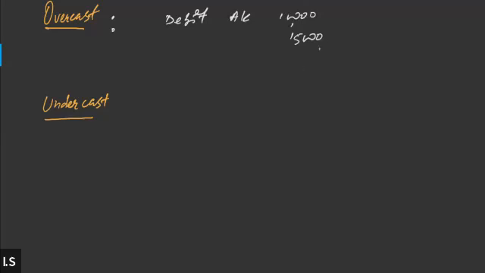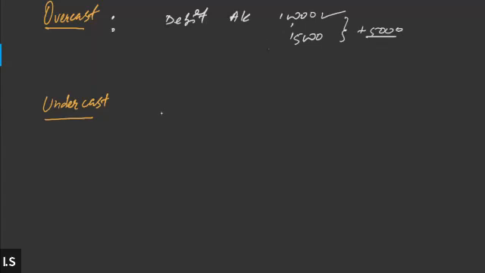That means I have over recorded the value. I have recorded the value in excess by 5,000 of what should have actually been recorded. That is known as overcast.